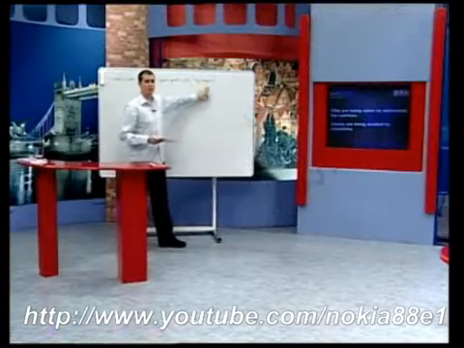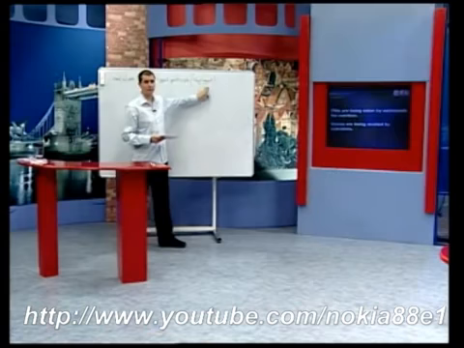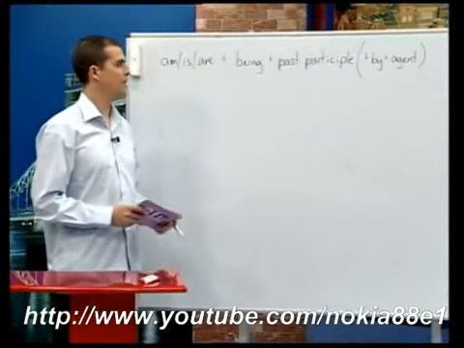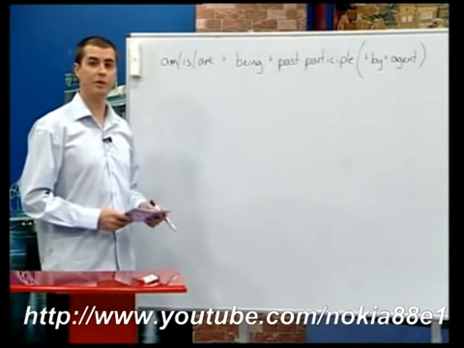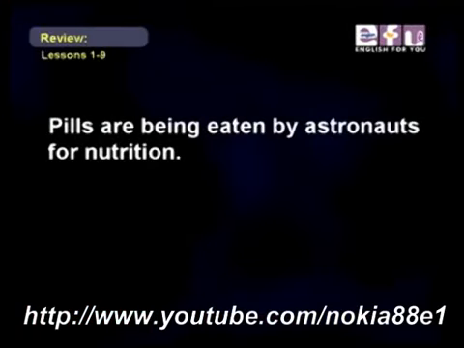Just remember, agent is the person who does the verb. It's am, is, are, being, plus past participle, plus by or agent. So in the first sentence, pills are being eaten by astronauts, and the agent is the doer.